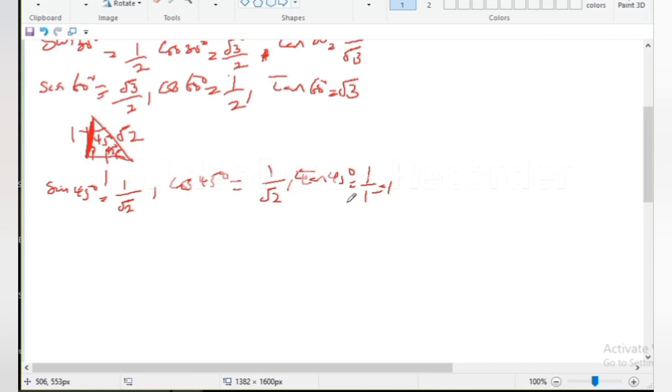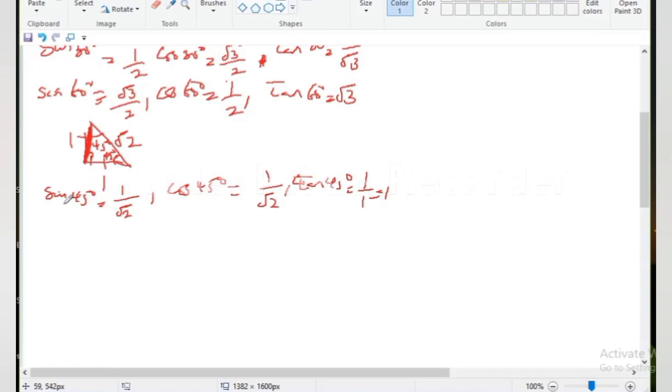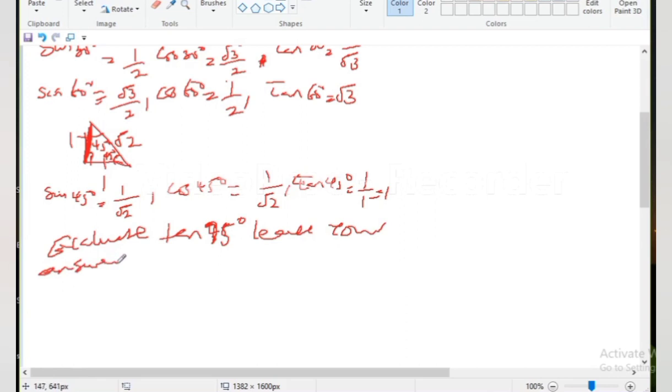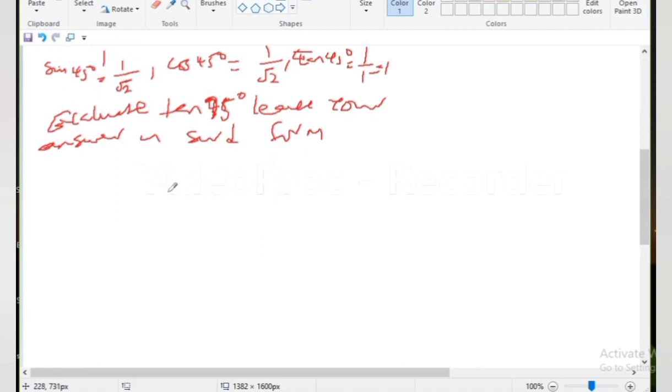So let's consider this example. Evaluate tan 75 degrees, leaving your answer in surd form.